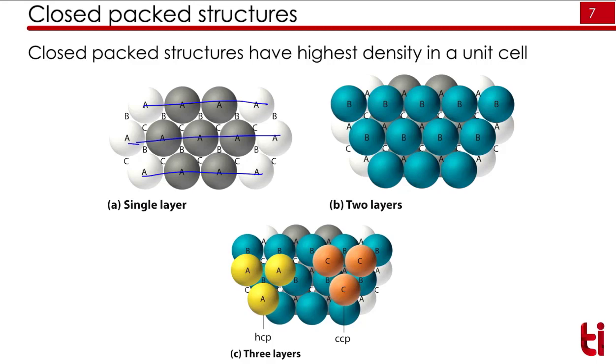That cavity we can denote either by B or by C. For example, if the shape of the cavity is like this, we denote it by B, and that is shown here. Again, if the shape is like this, we denote this cavity by C, that is also shown here.